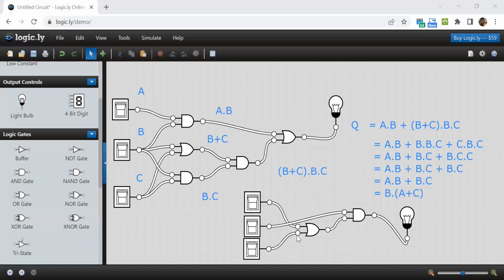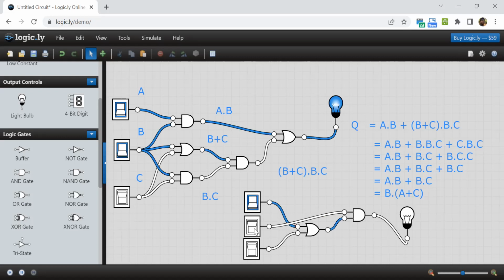Now I have built the circuit. I need only two gates here. Now let's check the inputs. We have A, B, C same. No output. We'll try A. No output. We try B only. No output. We try C only. No output. Try AB.